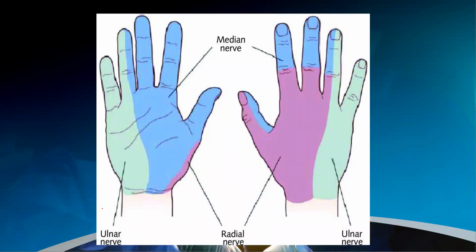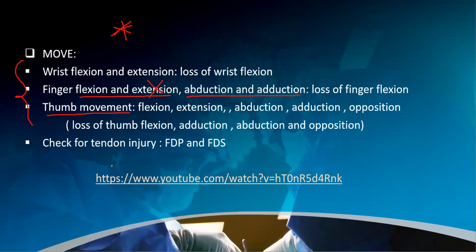The median nerve supplies the thumb, index, middle, and half of the ring finger, and the ulnar nerve supplies the rest. Now the medical student knows that the hand is supplied mainly by the median and ulnar nerve in the palmar aspect, and then you can introduce the nerve supply of the muscles during your explanation.